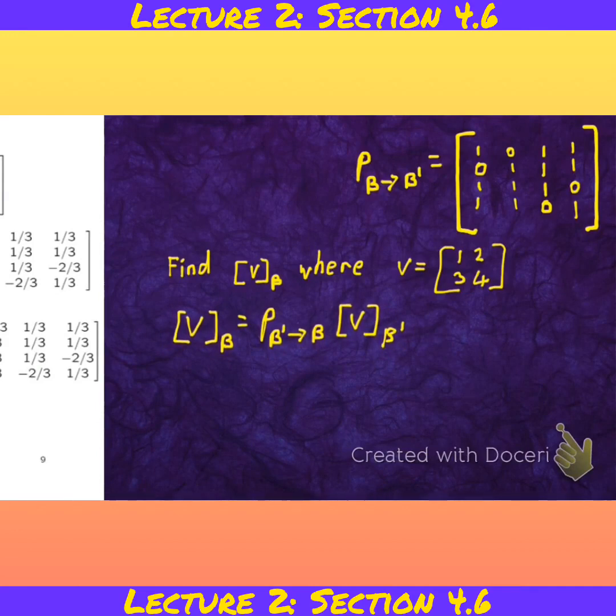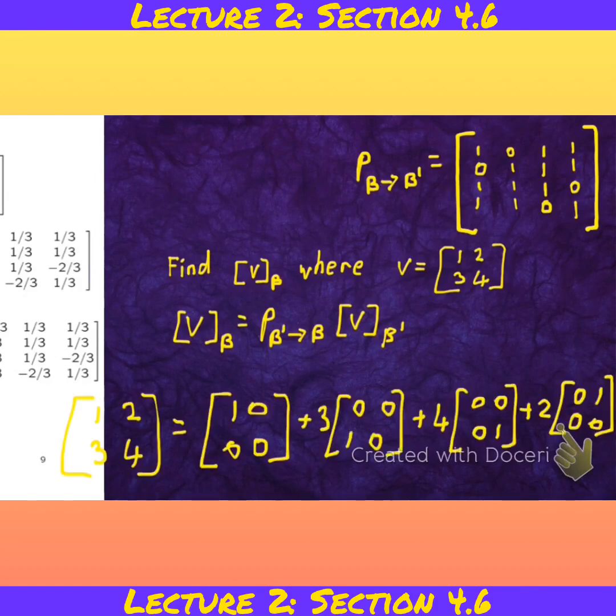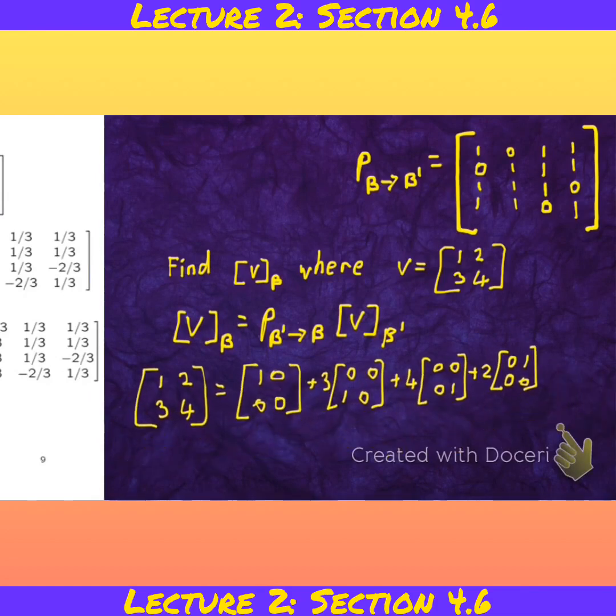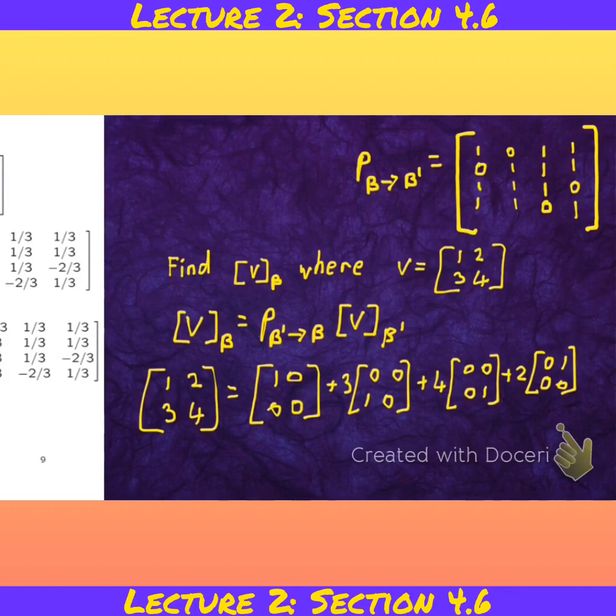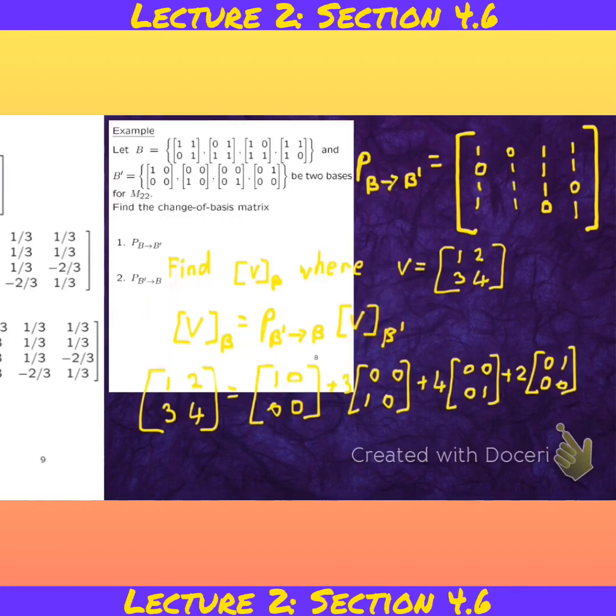So we write that vector as a linear combination of the vectors in B prime. Essentially what I'm doing now is determining that column vector. Just recall what B prime was. It's the matrix 1, 0, 0, 0, 0, 1, 0, 0, 0, 0, 0, 1, and 0, 1, 0, 0.